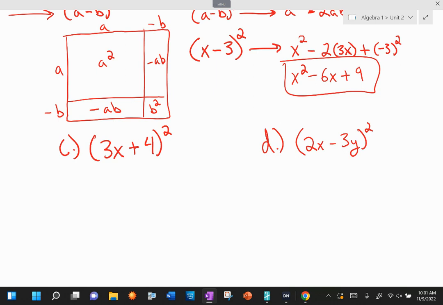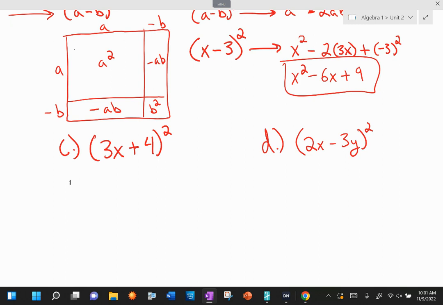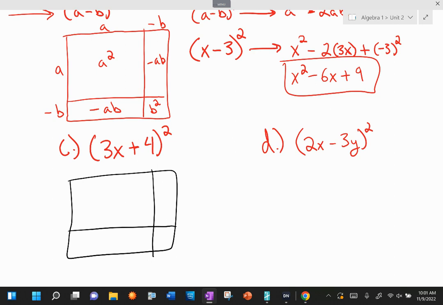How would you use the pattern square on ones that actually have number values? That's a good question. What Zoe was saying is to substitute out the A and the B for the numbers that you actually have. So you put 3x in the big box and 4 on the outsides, and then you could just multiply them together. What's 3 times 3? 9, and then x times x is x squared. So you'd have 9x squared.